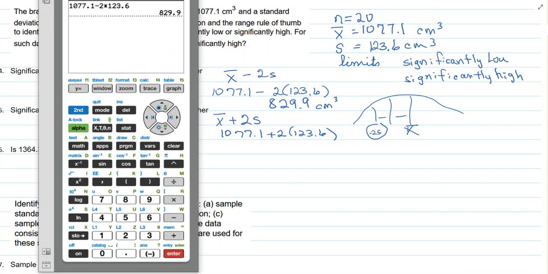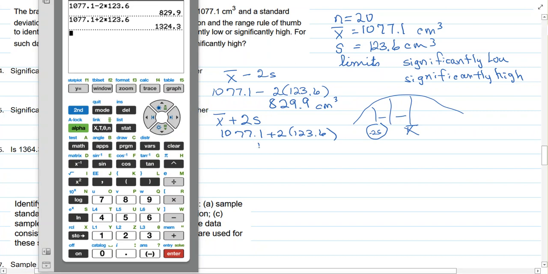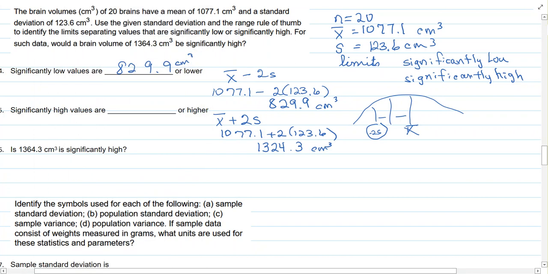So I don't know if I've told you on the calculator, if the sign is different, you do a second entry, it'll paste it, and then you can change the operator to a plus and save you some work. So this value is 1324 and 3/10 centimeters cubed. So that's the significantly high.